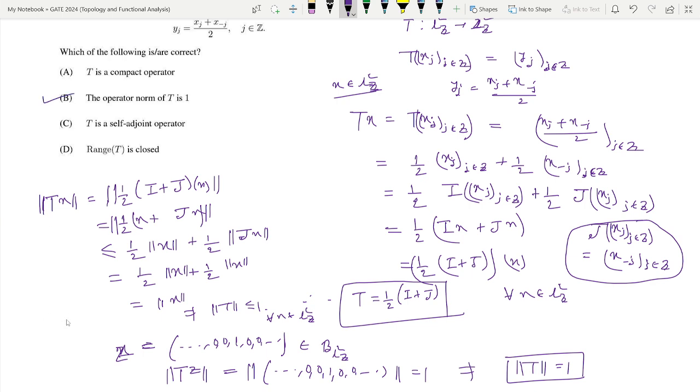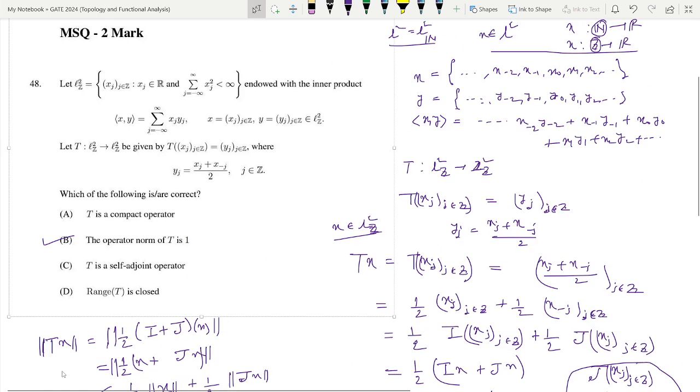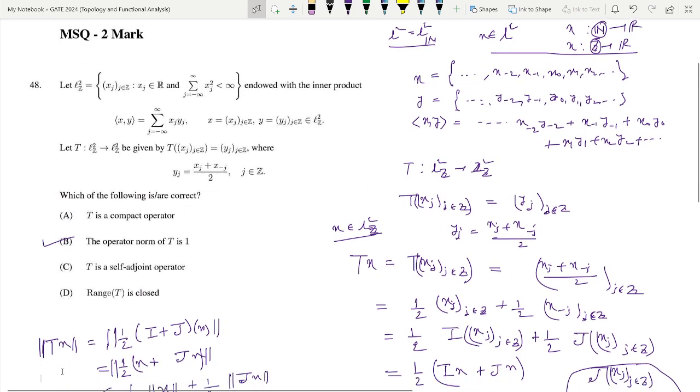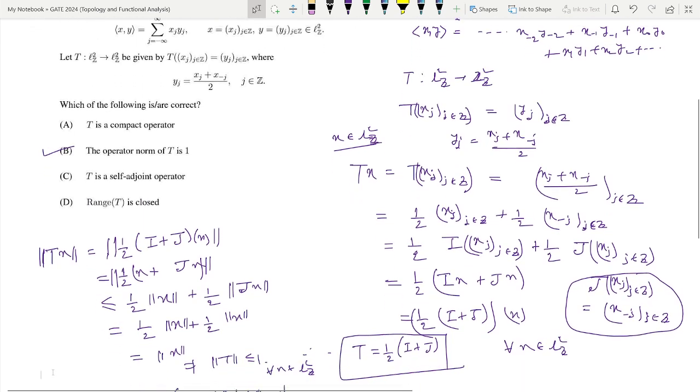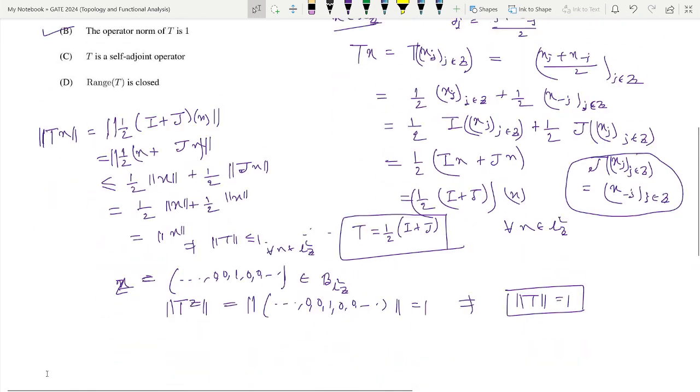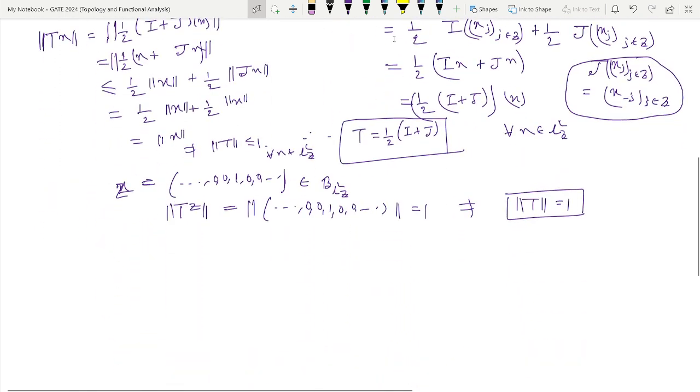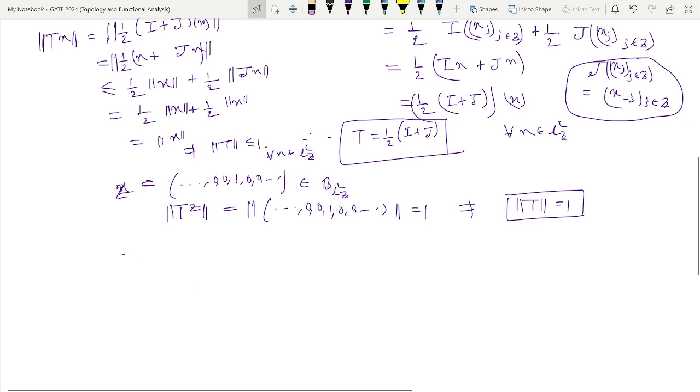Now come to option C. For this, we will first see that this J, we define J in this way.